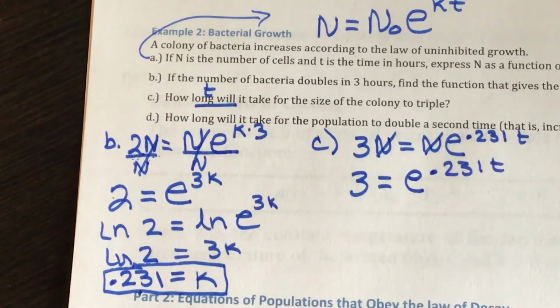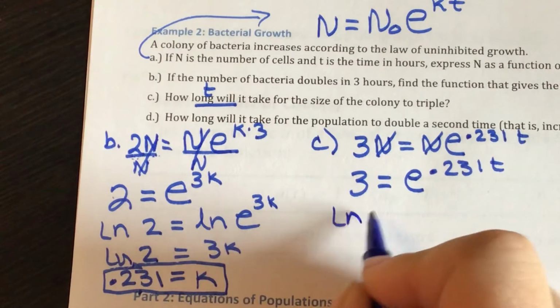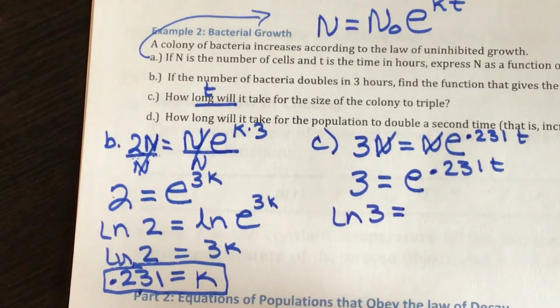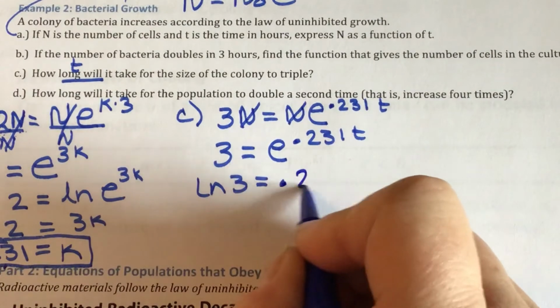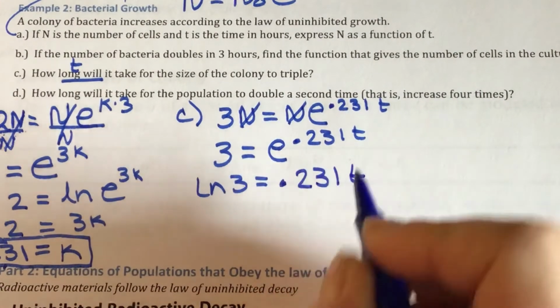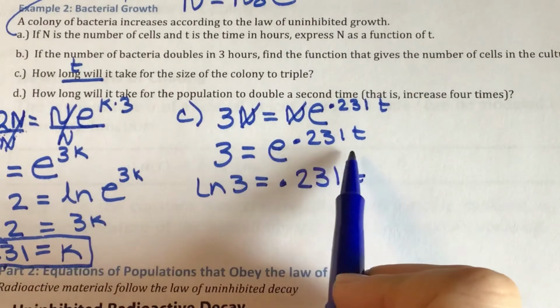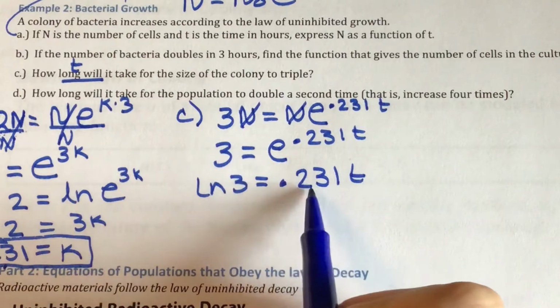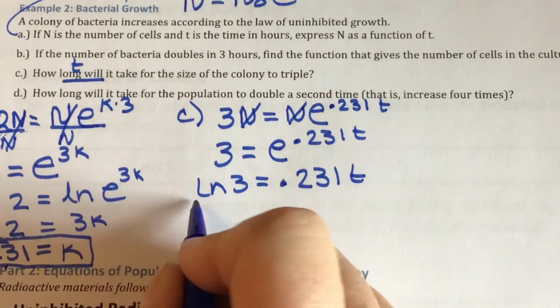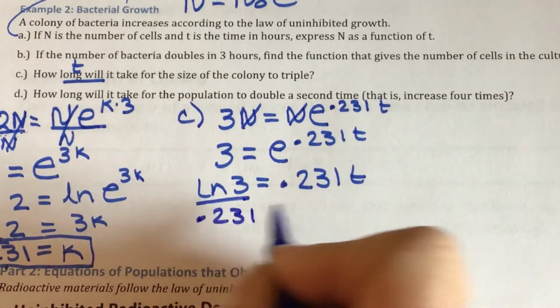Now I'm going to natural log both sides, so ln of 3, and I'm going to do a shortcut of not writing all of this out, equals 0.231t. So I natural log this side, bring this out into the front, and the log and the e cancel out. So now I'm going to divide by 0.231.